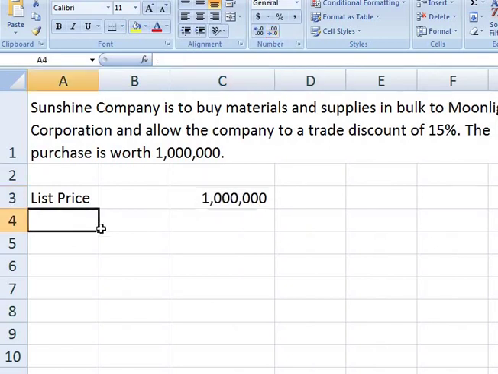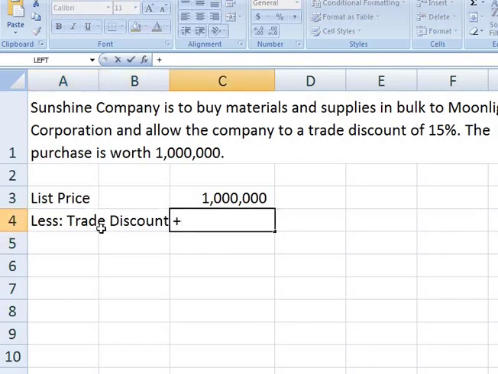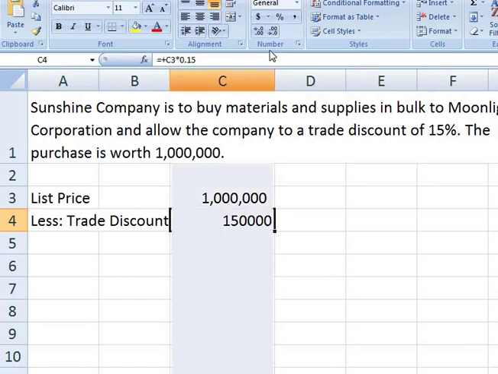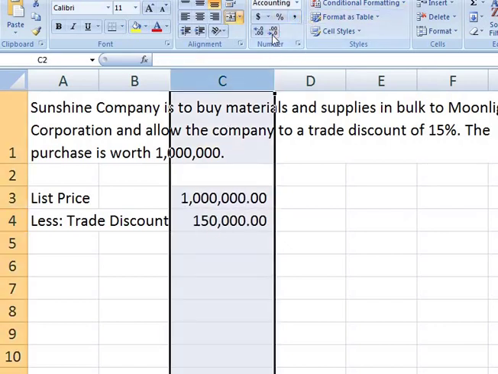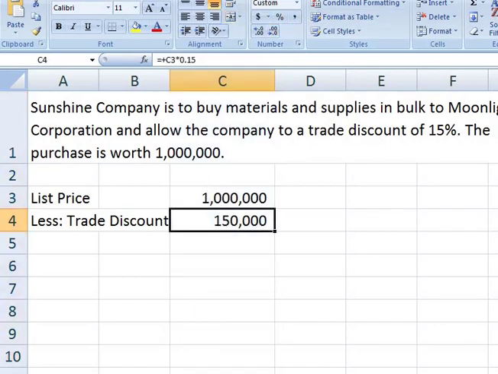Okay? So, that list price will be deducted with your trade discount. So, sabi niya, ang trade discount natin ay 15%. So, our base amount is 1 million. Multiply lang natin by 15%. So, that we'll have 150,000 na trade discount.